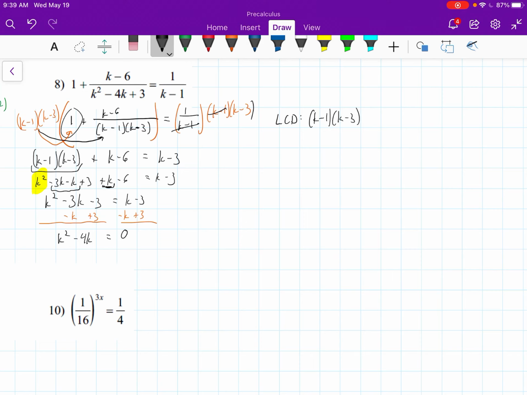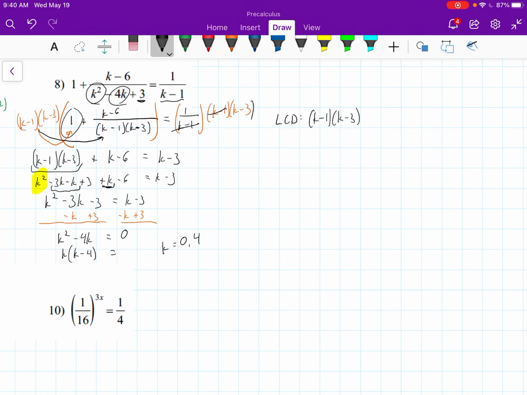Well, this isn't one of our typical trinomials, but we can factor out a k. And so k would equal 0 or 4. We need to check those answers to make sure they don't make the denominator 0. Put in 0 in here, this would be 0 minus 0 plus 3.